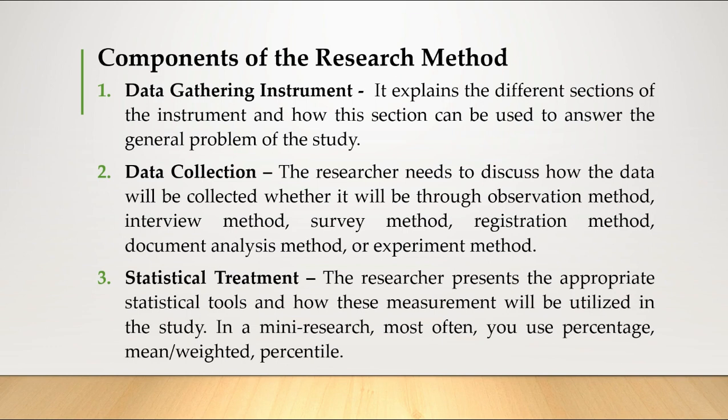It is critical and crucial in the research process. The instrument you choose to collect the data will depend on the research method that you will be using. For example, for quantitative, it should be aligned to quantitative research.